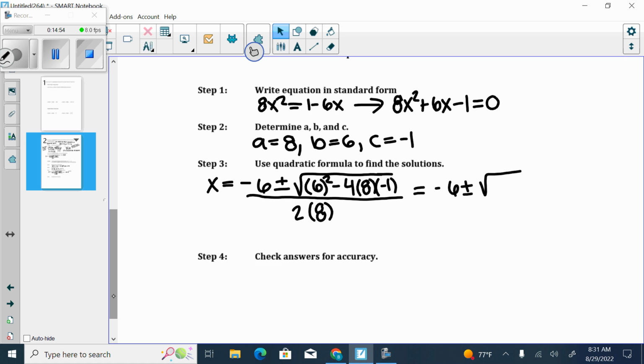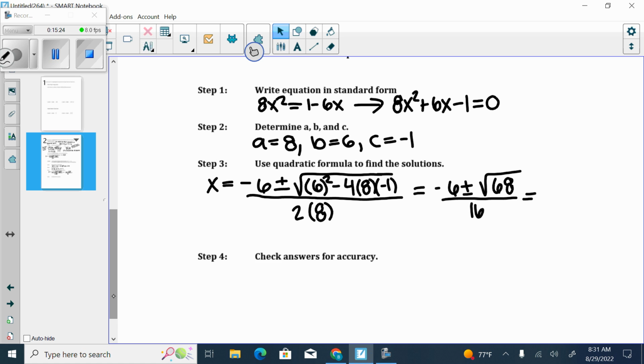So negative 4 times 8, negative 32, and then negative 32 times negative 1 is positive. Okay, so we have 36 plus 32, which is going to give us 68, all over that 2 times 8, which is 16.